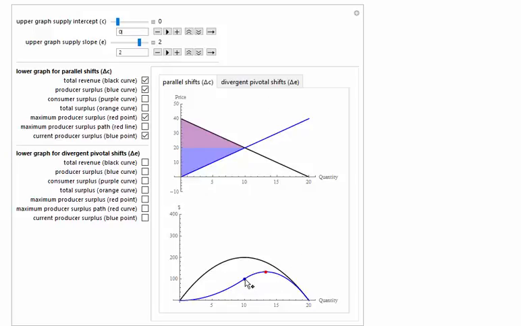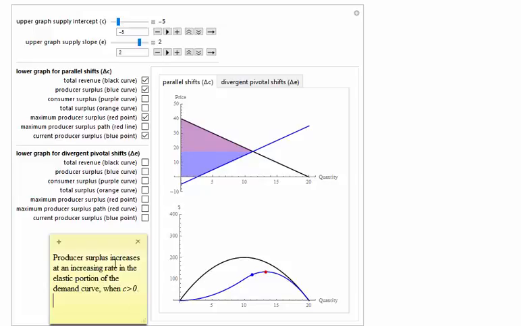And it looks like that unit elastic point is about where we have our inflection point. So increasing producer surplus at an increasing rate. Then it starts decreasing. And let's actually change this to a -5, let's say. And so there we are, we're still increasing producer surplus, but at a decreasing rate.